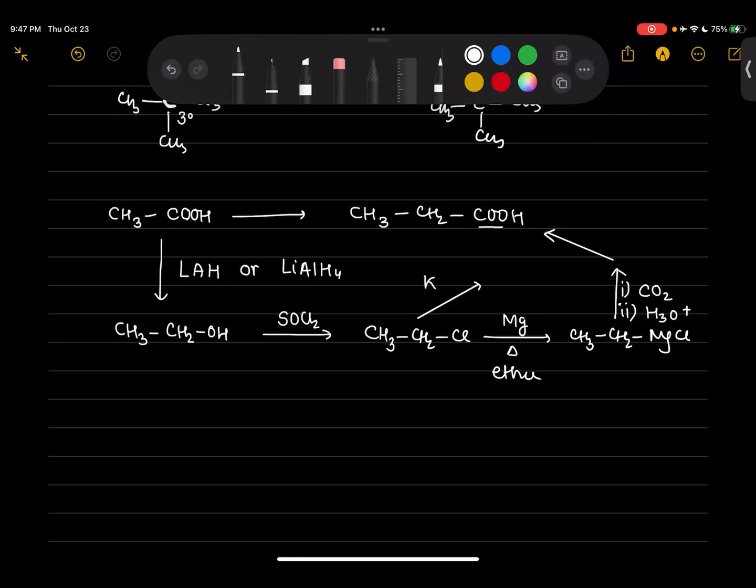Use KCN. This will become CH3CH2CN. So you have that extra carbon, you need to hydrolyze it with excess of water. That CN will get hydrolyzed to COOH. Clear?